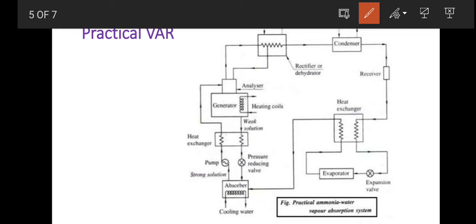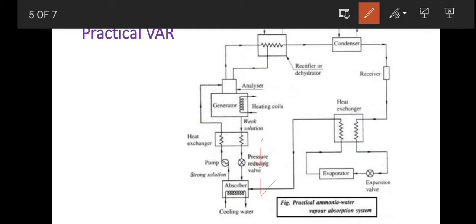Again, we'll start from the evaporator. Here the low pressure liquid ammonia from the evaporator, after heat exchanging, will be supplied to the absorber. In the absorber, this low pressure liquid ammonia mixes with the weak solution.